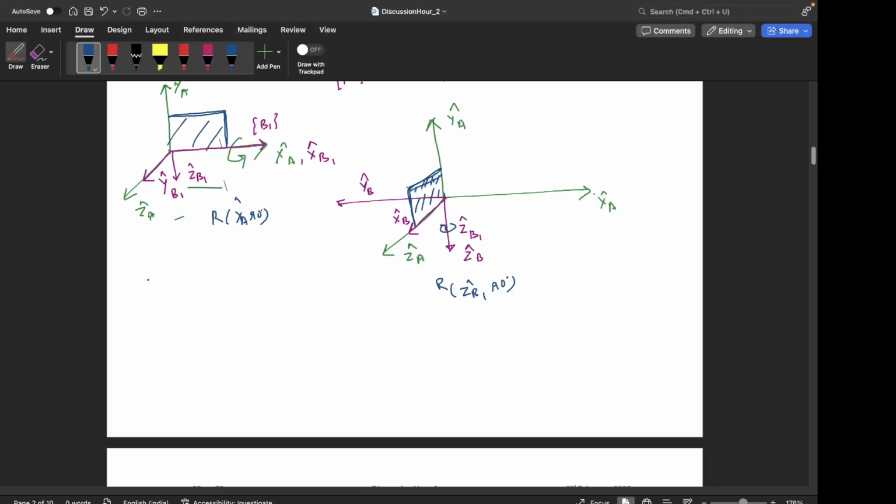So as we saw above, this can be broken down as individual simple rotations.